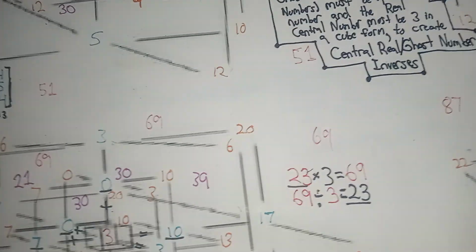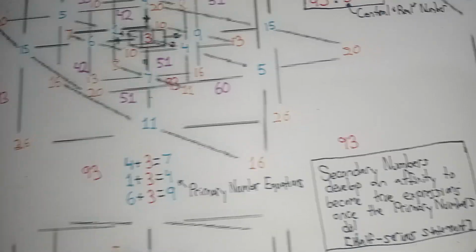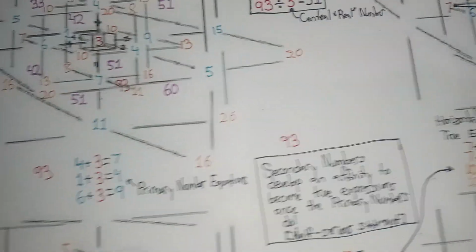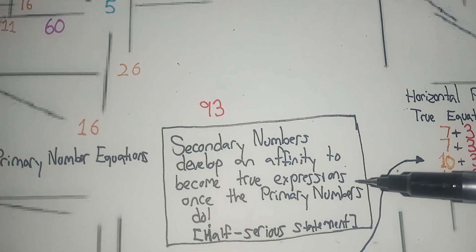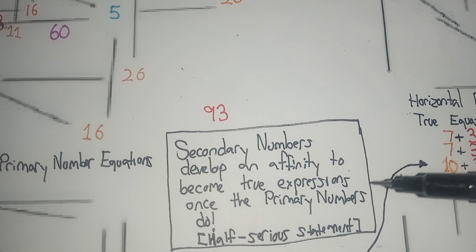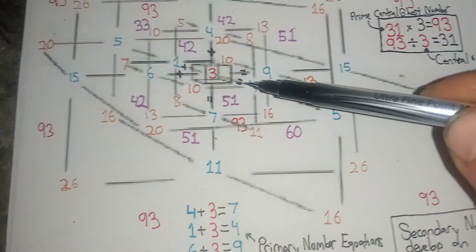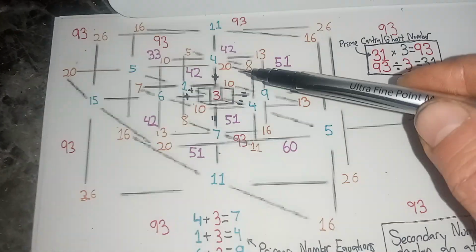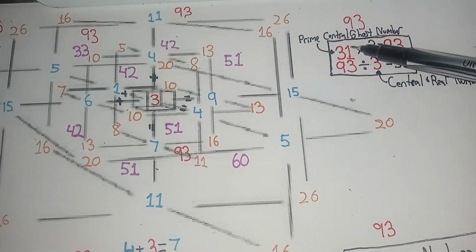Okay, so now this part I want to discuss is: secondary numbers develop an affinity to become true expressions once the primary numbers do. And I'm halfway serious about this statement, because you can see here, this is the same thing, but this is primary number 31.